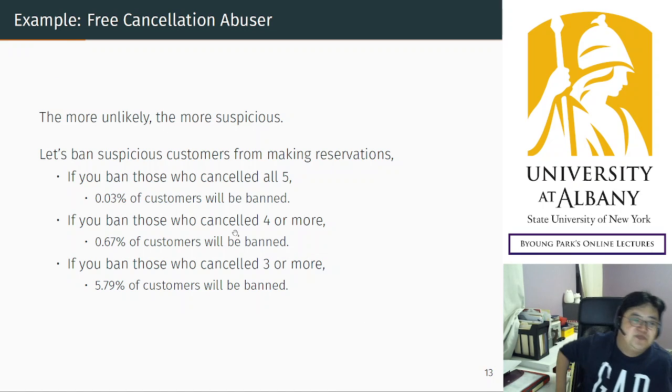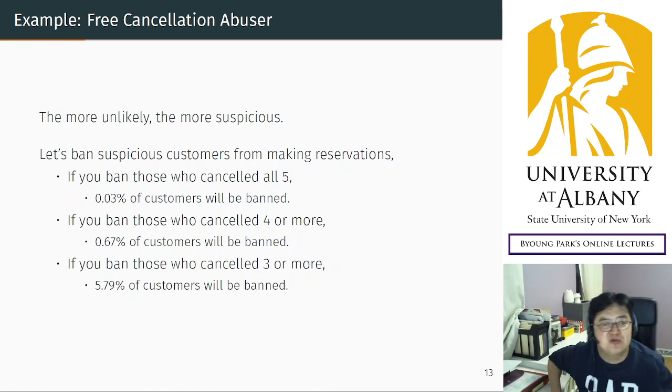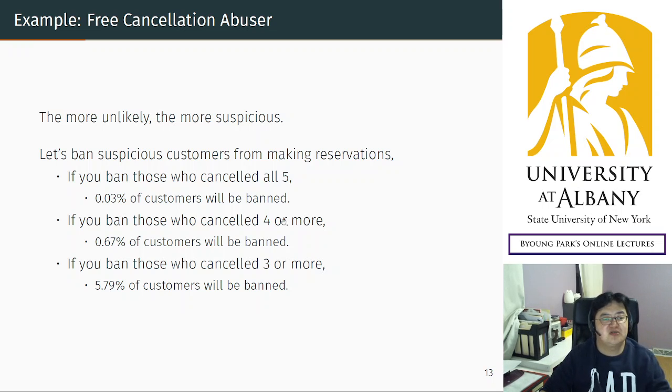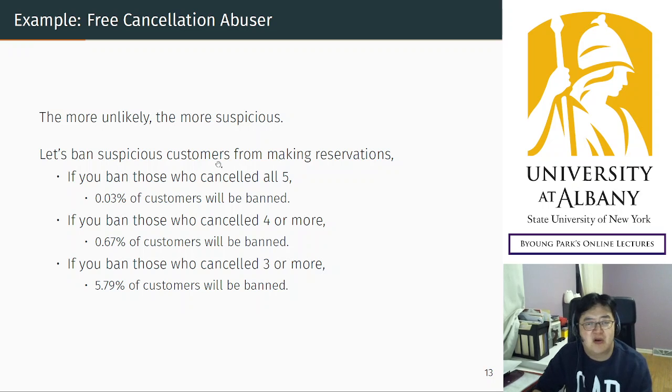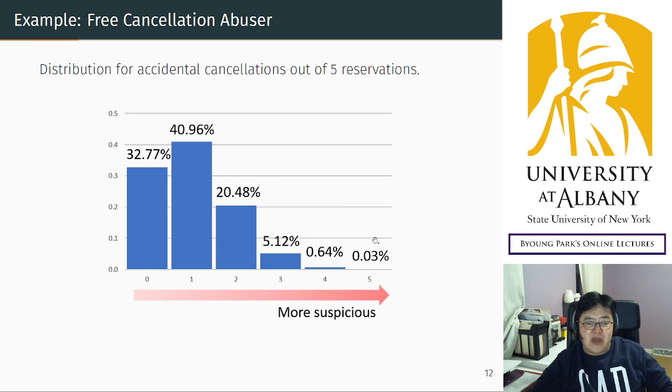From that idea, we are going to make a cutoff. Let's see how many customers you have to ban in each case. Suppose that you ban those customers who canceled all 5 times. Then you ban 0.03% of customers.